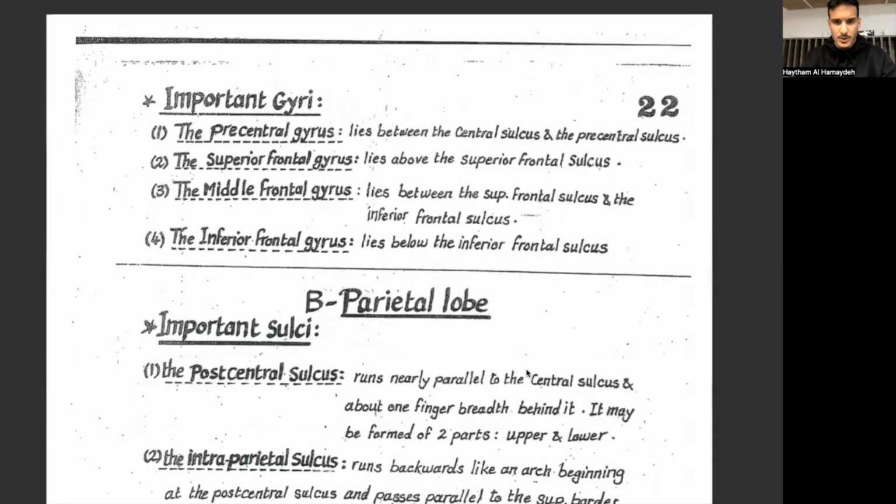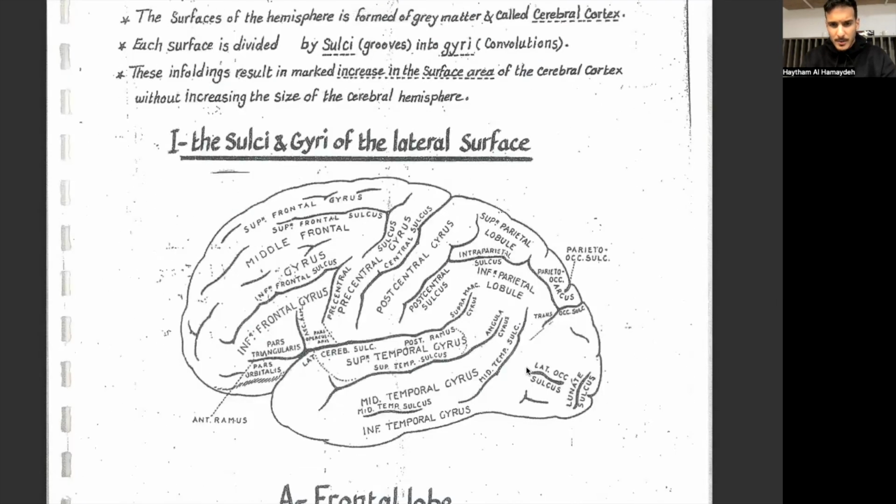Here, the supramarginal gyrus and the angular gyrus. So the inferior parietal lobule is basically divided into those 2 gyri, the supramarginal gyrus and the angular gyrus.